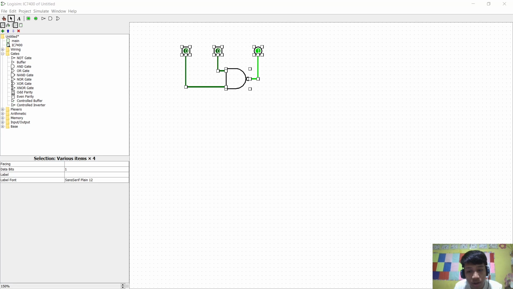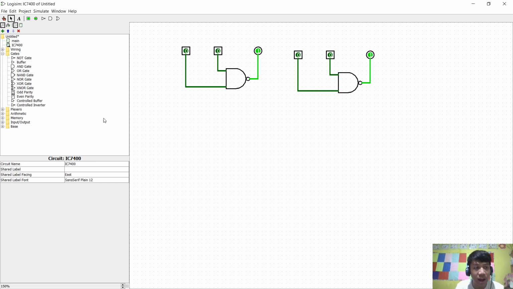And then proceeding to the IC. There we go. Copying it and pasting it. At this point, we will be completing the inner part of the IC.